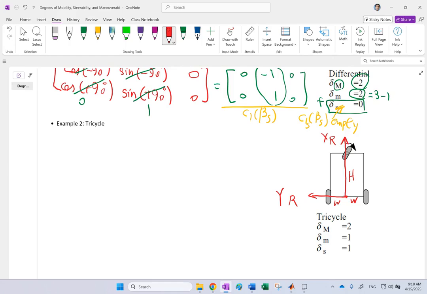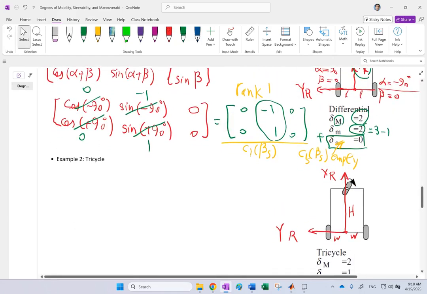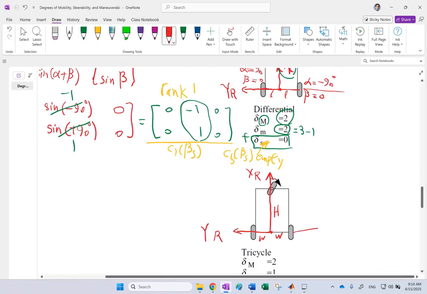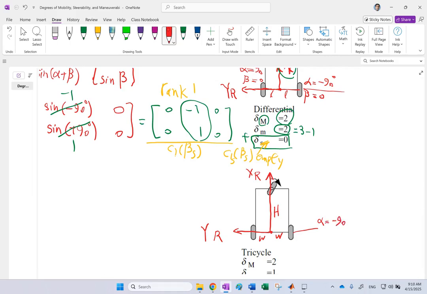And we are going to calculate that projection row again. Remember that one, cosine alpha, beta, and everything. So we need to have L for each wheel, alpha and beta. So what do we have for this one on the right? That's the same as last time. Your alpha is negative 90 degrees, your beta is 0, and your L is W. Then for this wheel, very similar.